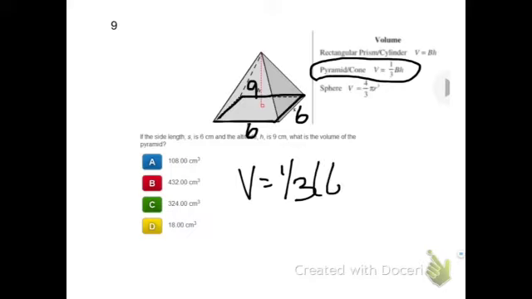So that would be 6 times 6. That's your area of the base, times the height, which is 9. So if I put that in my calculator, I would say 1/3 times 6 times 6 times 9. And that's going to give me 108.